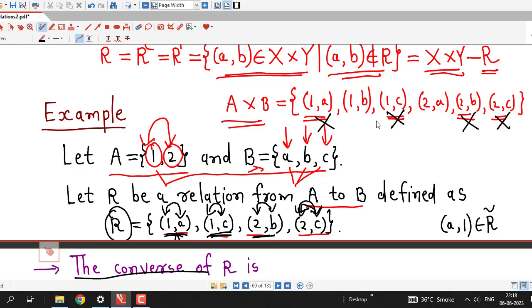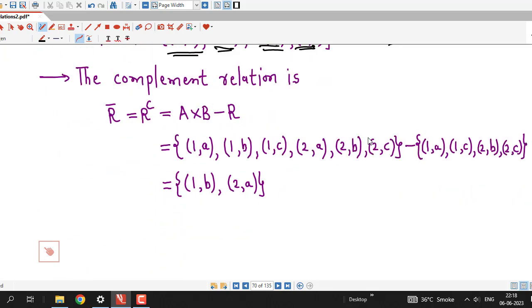I have to exclude all these members from A cross B, and I will be able to write down the complement of relation R, R dash or R bar. So I have written that here also.